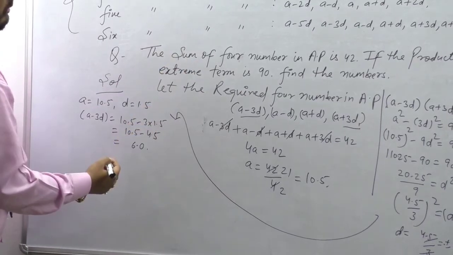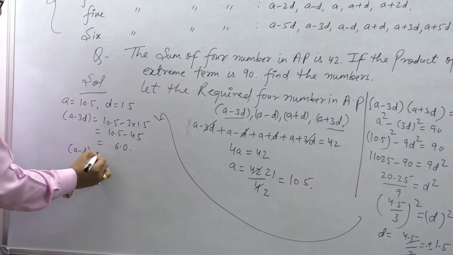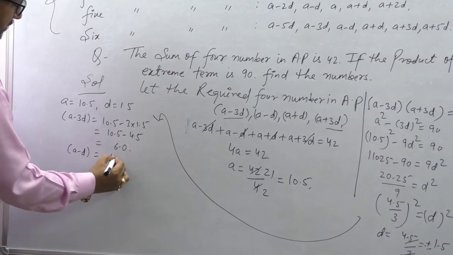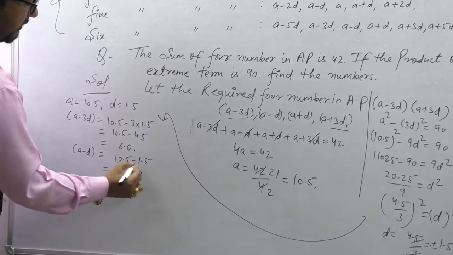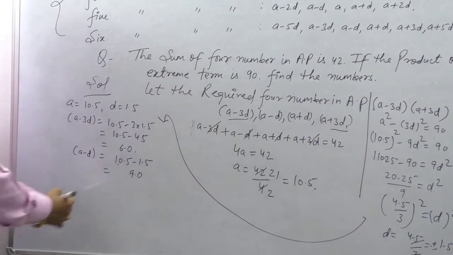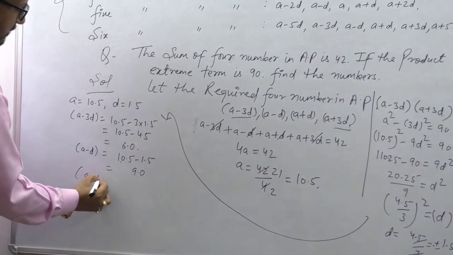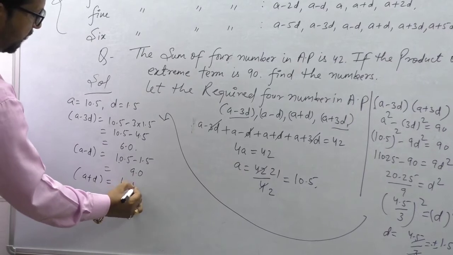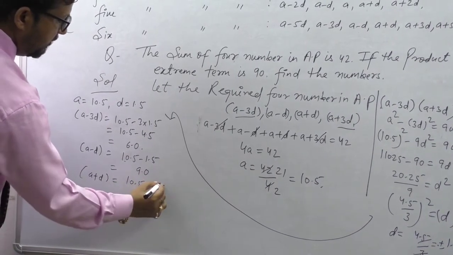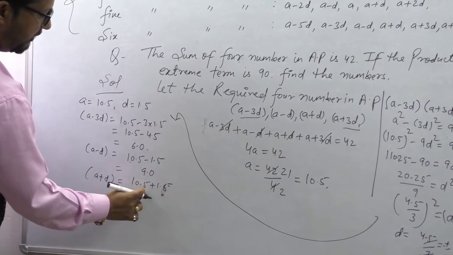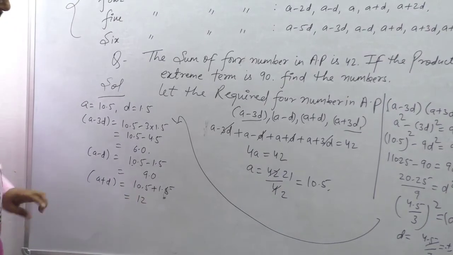Then your next value is a minus d, with a as 10.5 and d as 1.5. 10.5 minus 1.5 is 9, so your next value is 9. Now the third value is a plus d, which is 10.5 plus 1.5, which is 12.